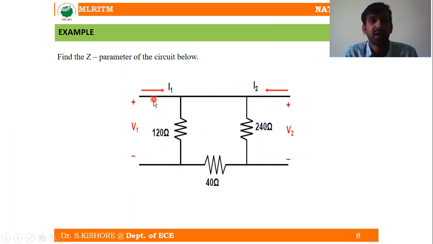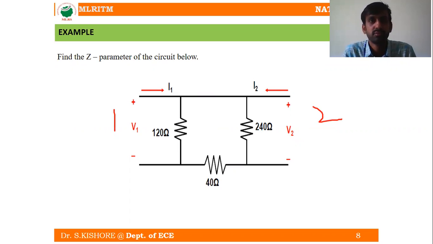One is the I1 input side, and the voltage is V1. This is the second port. Let us consider this as port 1 and this as port 2. From port 1, V1 and I1 are the variables, and from port 2, I2 and V2 are the variables. So this is your pi network, where 3 resistors are there.